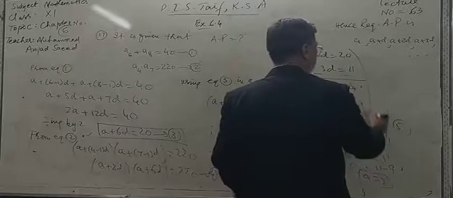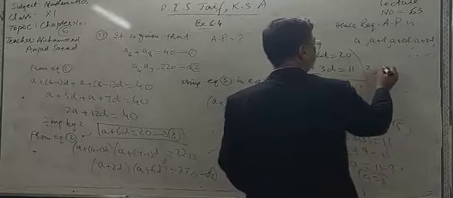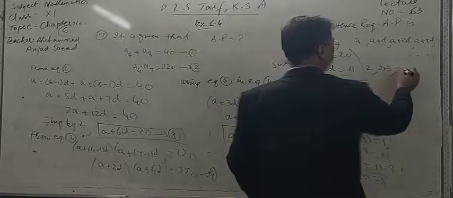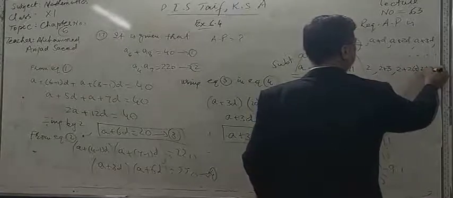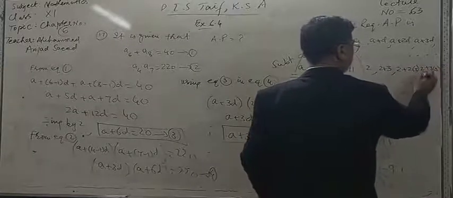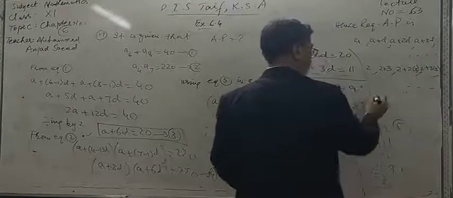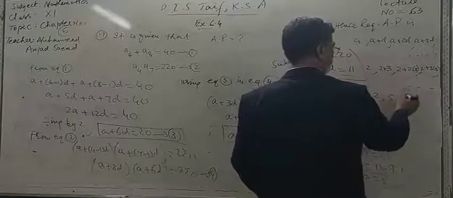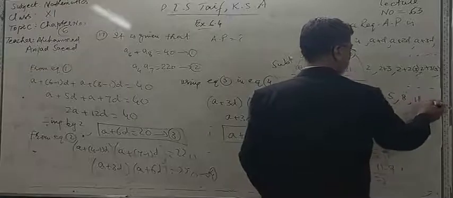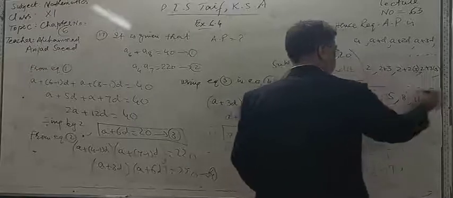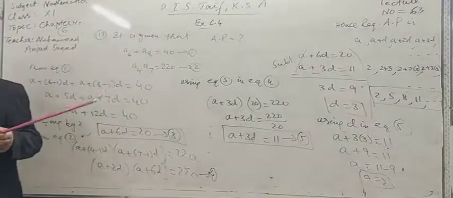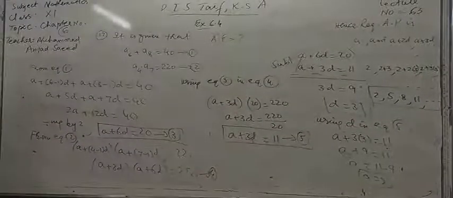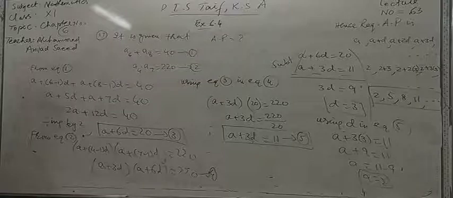Here the value of a is 2, then 2 plus 3, then 2 plus 2 into 3, then 2 plus 3 into 3, like that. Here it is 2, 5, 8, 11, and so on. This is your required arithmetic progression of your exercise 6.4.